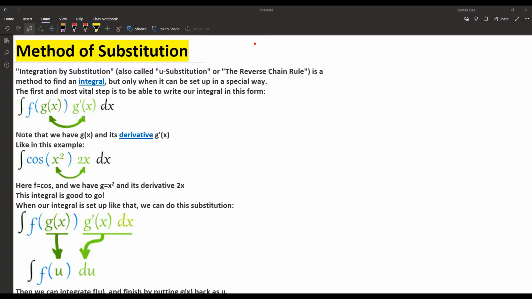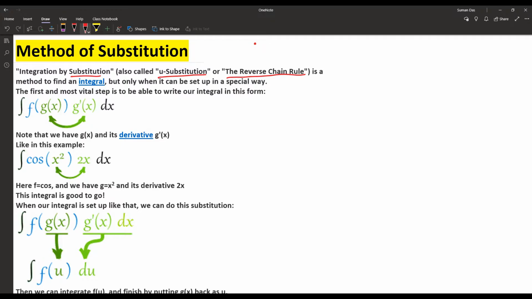Now, what do we mean by substitution in normal English? In language, we can say substitution means the action of replacing something with another one. Here, integration by substitution is also called u substitution or the reverse rule of the chain rule.